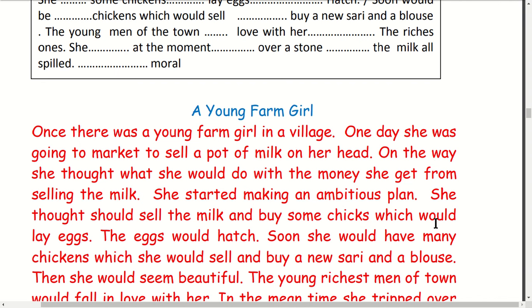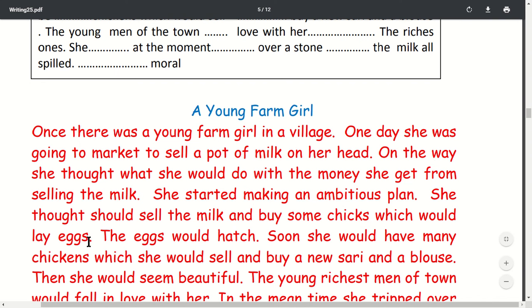Buy some chickens which would lay eggs, full parcel. The eggs would hatch, "full bada challa niskinu", that is what it means in Nepali here. Soon she would have lots and lots of chickens, many chickens, which she would sell. She would sell the chickens and buy a new sari and a blouse, a beautiful sari and blouse.